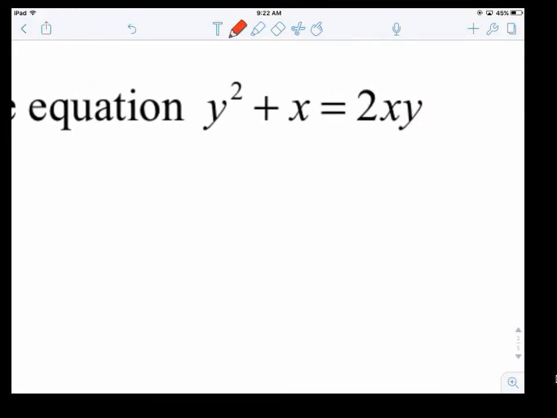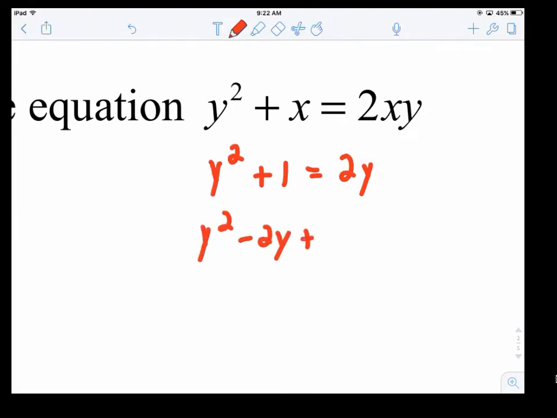So if I plug in x equals 1, I get y squared plus 1 equals 2y. All right, I'm going to move the 2y over. That gives me y squared minus 2y plus 1 equals 0.